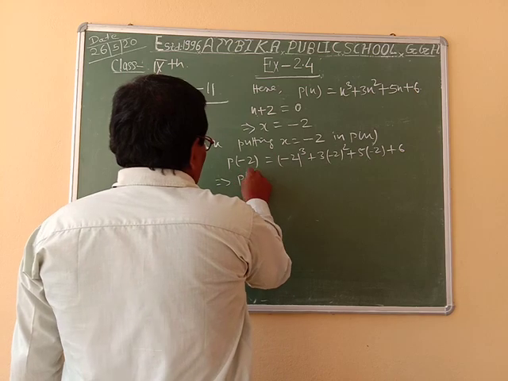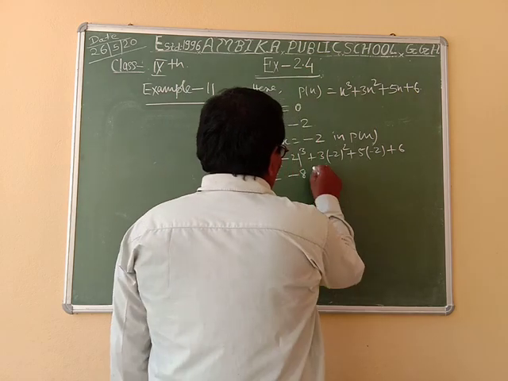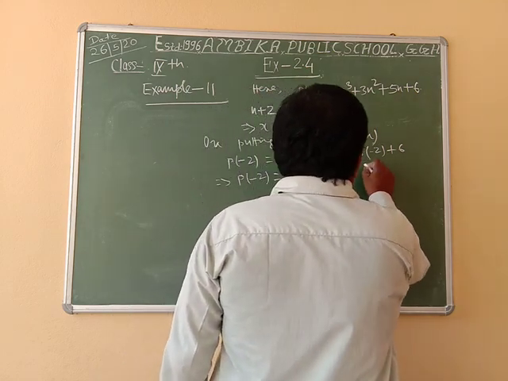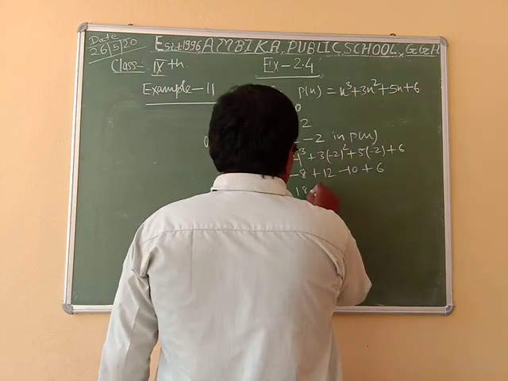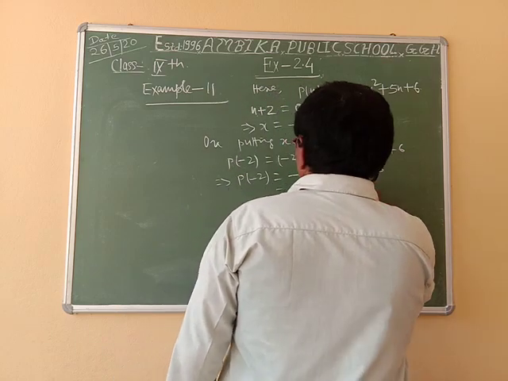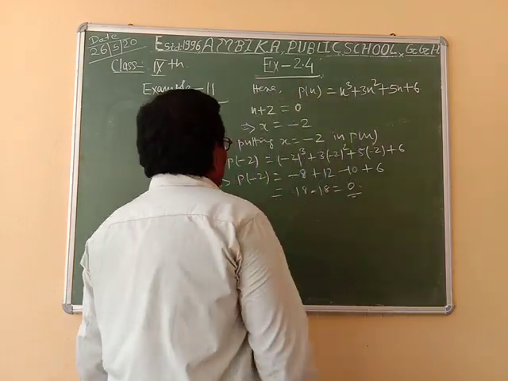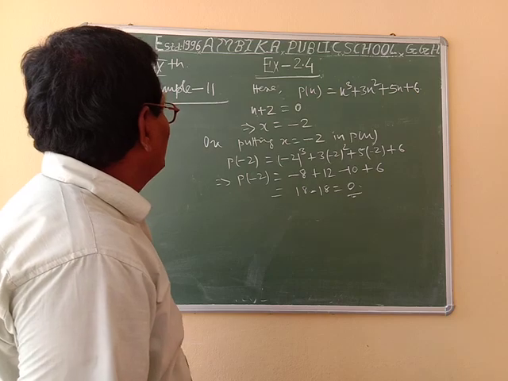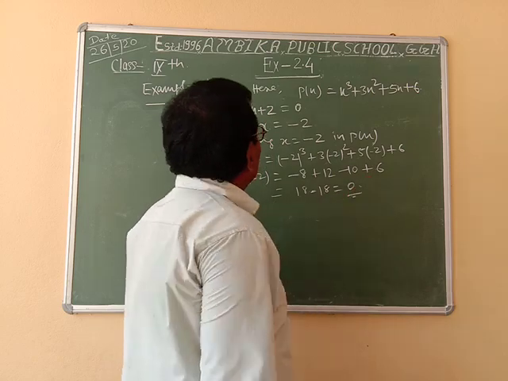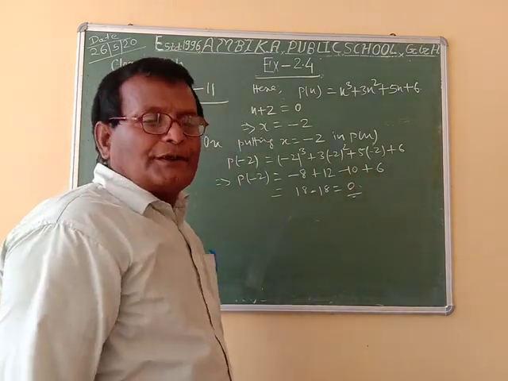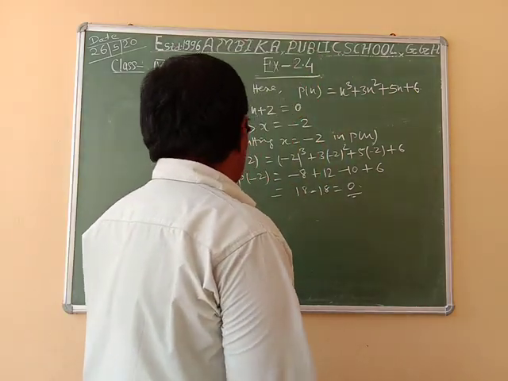P minus 2 is equal to minus 8 plus 12 minus 10 plus 6, is equal to 18 minus 18, is equal to 0. So if we put the value of x equal to minus 2 in Px, the remainder is 0. So it is verified that x plus 2 is a factor, the zero of x plus 2 is equal to minus 2.